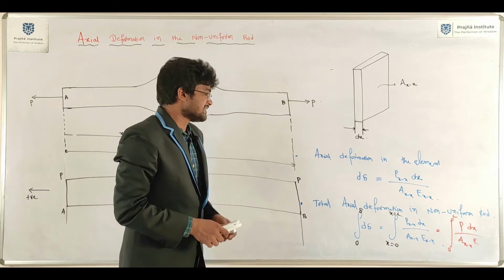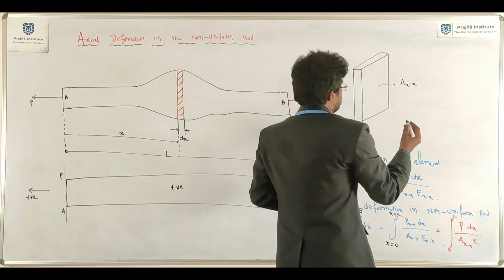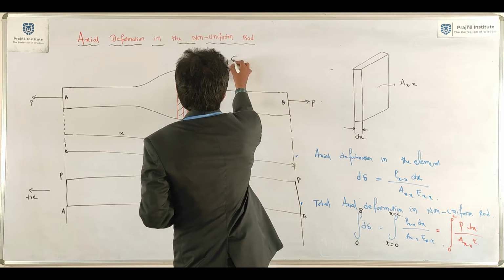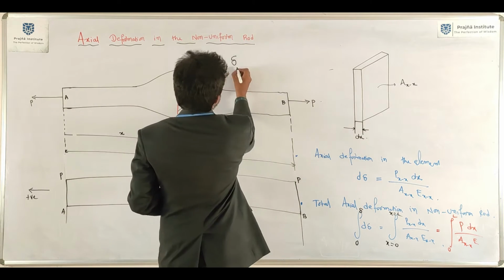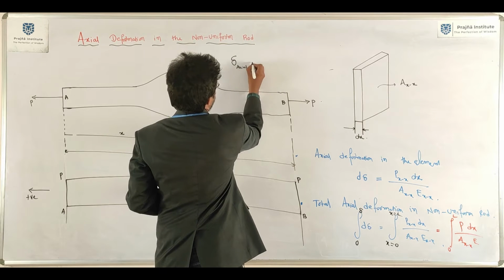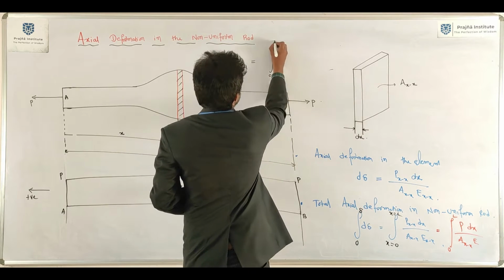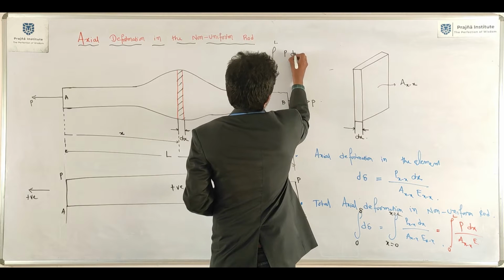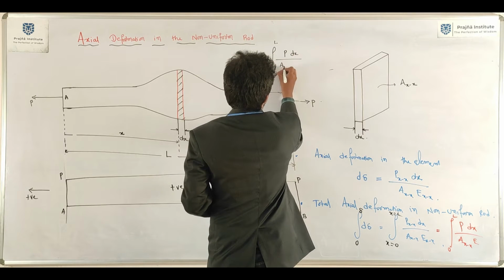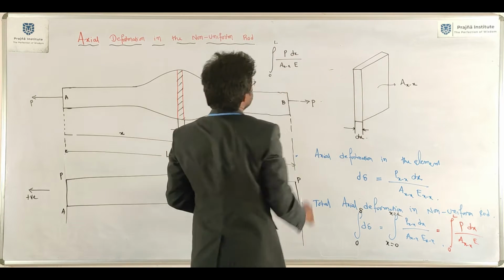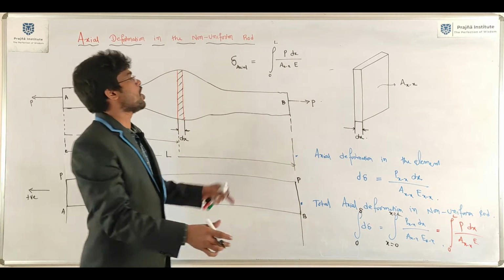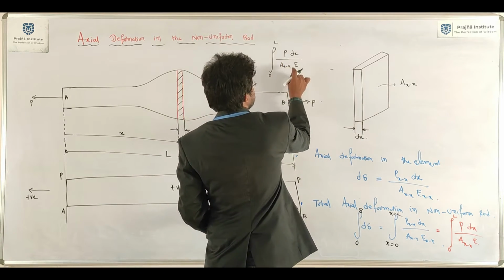So the final expression for axial deformation delta equals the integral from 0 to L of P dx by Axx E. It is purely dependent on the expression of Axx.